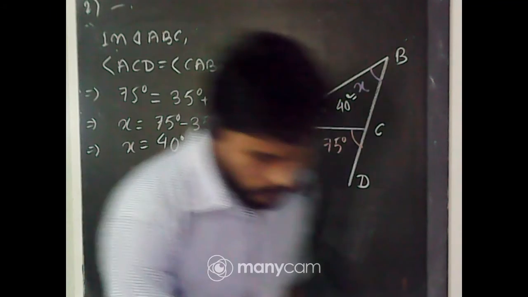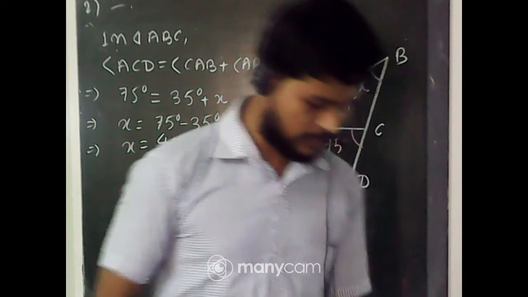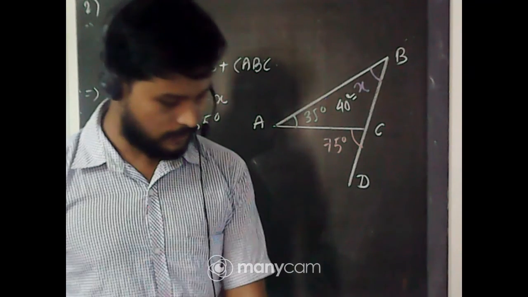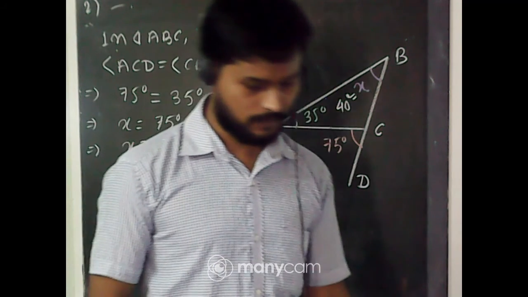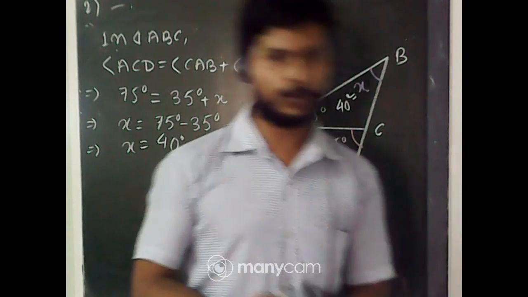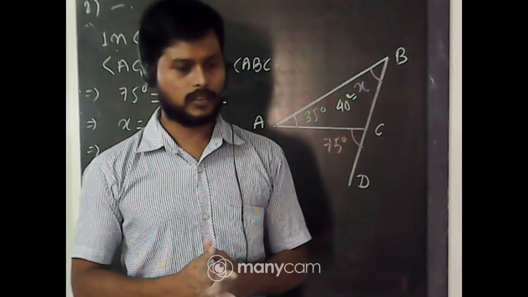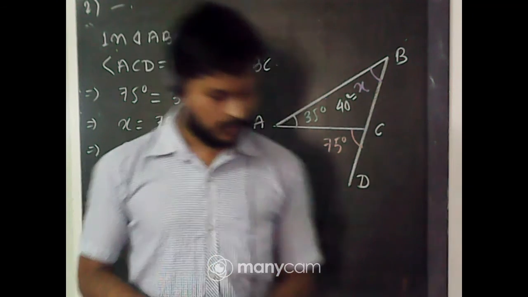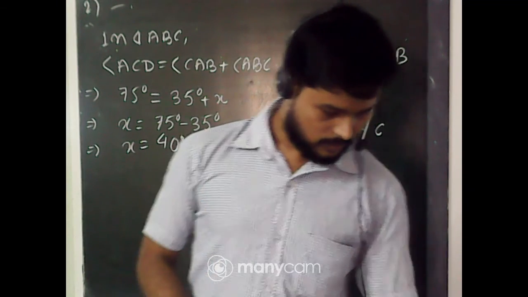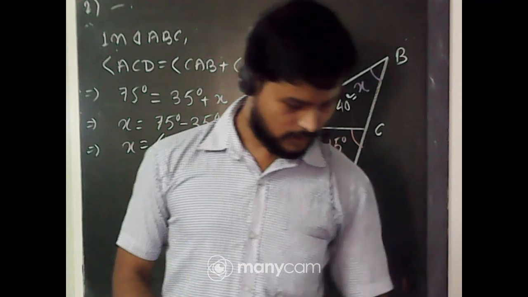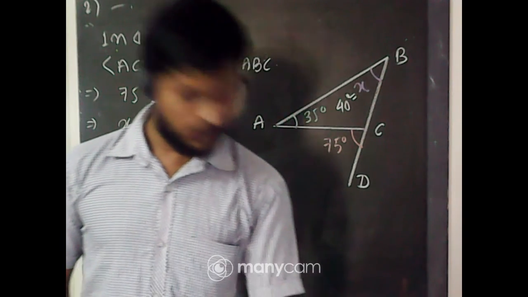Okay, students, we have completed this exercise number 6.2, and next day we'll start a new exercise and learn a new property of triangles. The property is that the sum of the interior angles of a triangle is equal to 180 degrees.